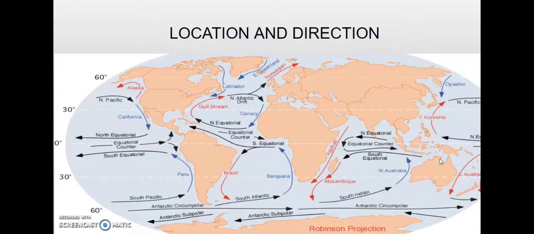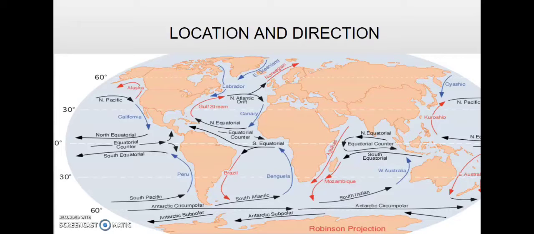Next, location and direction. Paano nga ba siya nagkakos ng ocean currents? Kasi ang pag-ikot ng Earth ay nagre-result ng Coriolis effect na nakaka-impluwensya sa ocean currents.